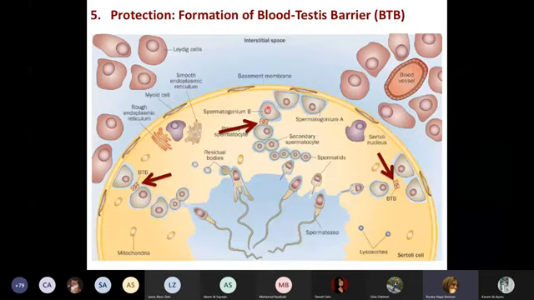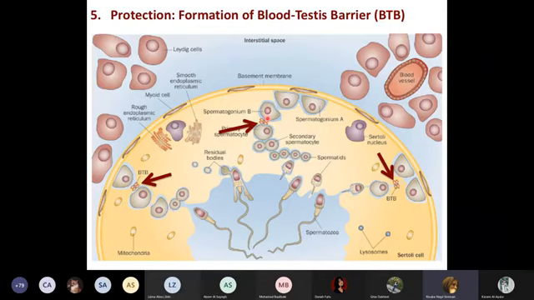However, every molecule or substance that is present in the adluminal compartment, which is after the tight junctions, and in the lumen compartment, are the substances that are needed for meiosis to be accomplished. And how is this maintained? How are these substances only allowed to stay in this part and not move to this part unless in a controlled way? Because of the presence of these tight junctions that divide the seminiferous tubule into two compartments.